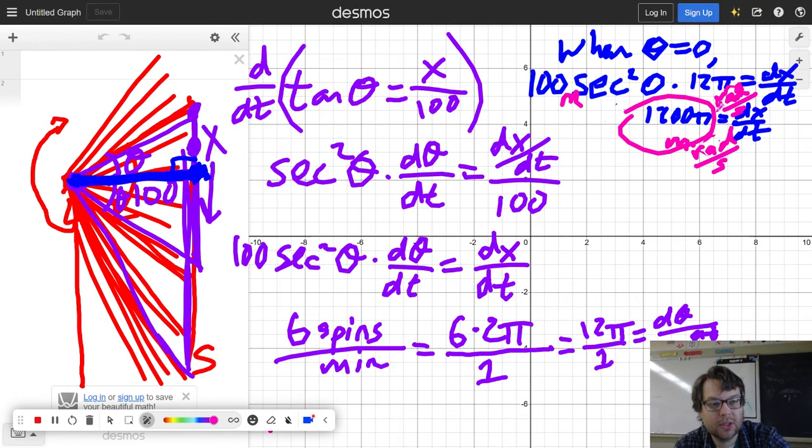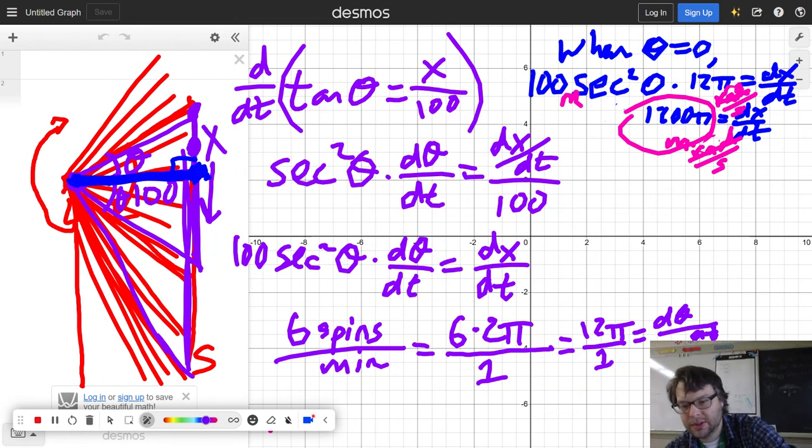So we can also cancel out the rad and we get meters per second. And that's why I used radians, because had you used degrees, degrees are not unitless. So you would have to think about how to convert back from degrees per second, because you'd have meters times degrees per second, to this value here. Okay, so that's when theta equals 0, 1200 pi.